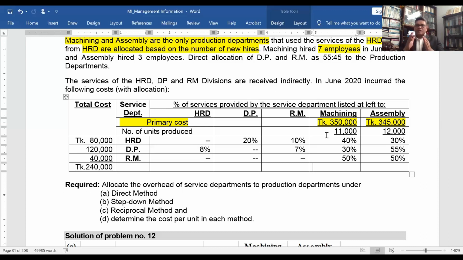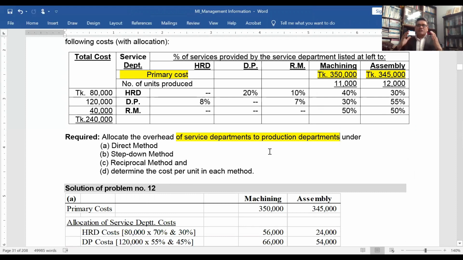Machining 3,50,000, assembly 3,45,000. So here we have to allocate the service department cost to the production department under the direct method, step down method, reciprocal method. And also we have to determine the cost per unit under each method.